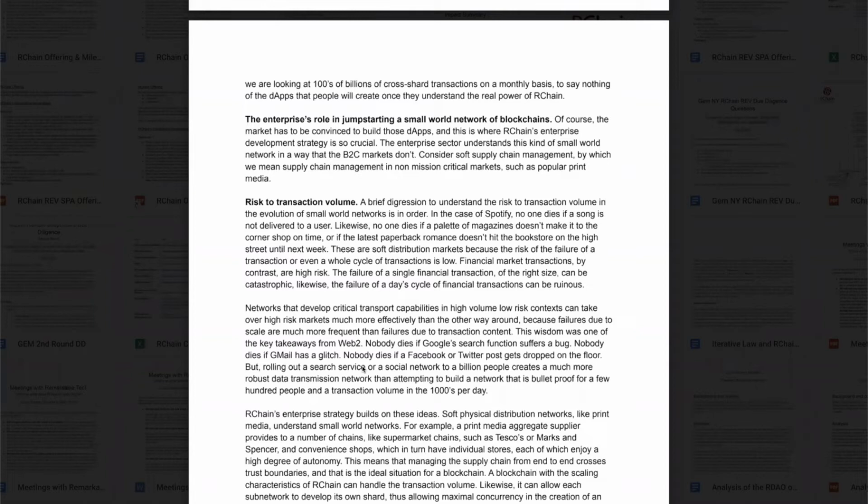Once you have deployed a handful of these kinds of enterprise solutions, you are already at billions of transactions per month. And in the case of the co-op, you're getting money for deployment of the software to the enterprise, in addition to increasing the REV utilization.